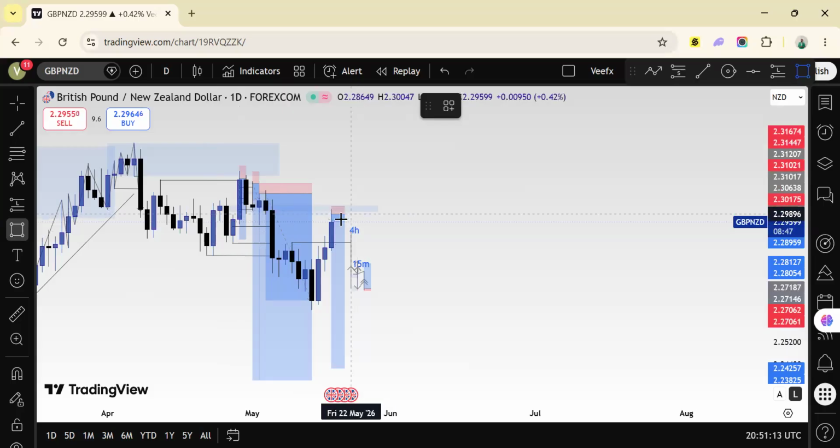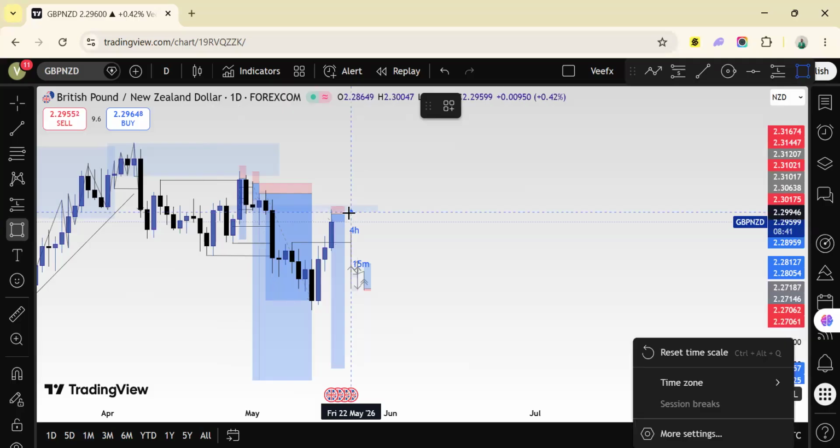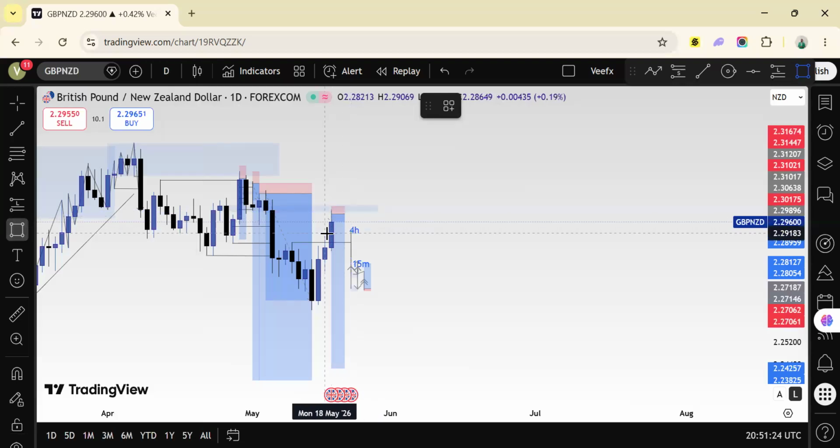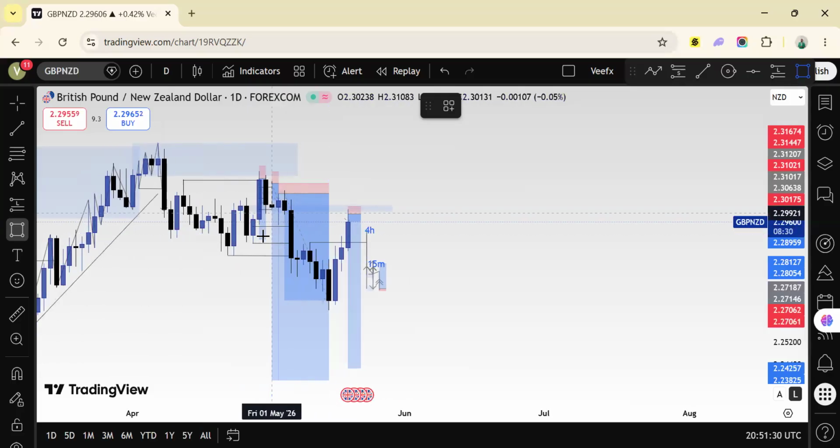Now, price came here, and since this is a higher time frame, you don't just rush to enter a trade on a higher time frame. You niche down to a lower time frame and get your confirmation. So in as much as I've gotten my multiple break of structure on a higher time frame, this is the second way that you can also get a directional bias. Remember, the first one I showed you guys was from the normal market structure shift.